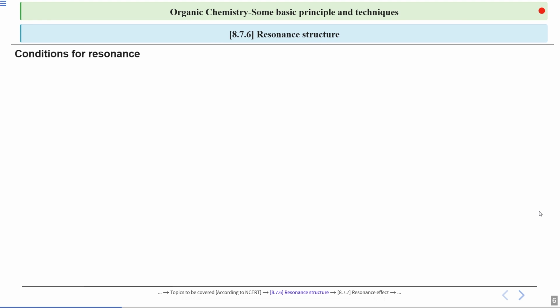So we will start with the conditions for resonance. Here is a structure for benzene. Two structures are given here. In the first case we have p orbitals, and in the second case we have the electron clouds.